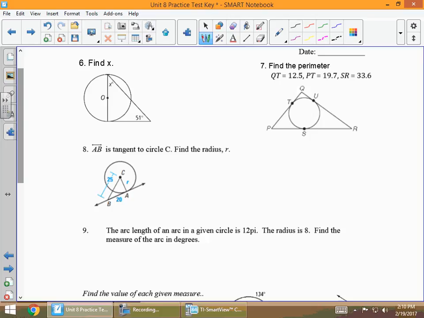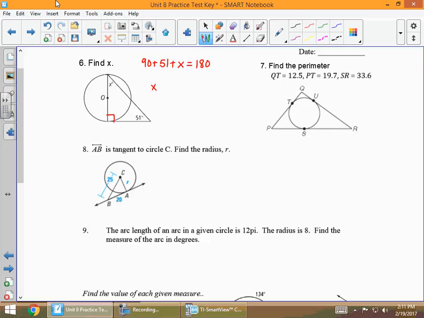So number 6, we see circle O with a diameter drawn, and we see a segment across the bottom that is a tangent, and we know that a tangent and the radius are always perpendicular, so that means that's going to be 90 degrees, and that's going to give me a right triangle. 90 plus 51 plus x makes up a triangle, so it has to add up to 180.